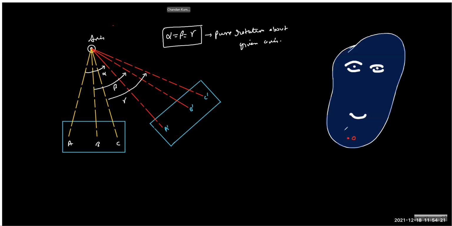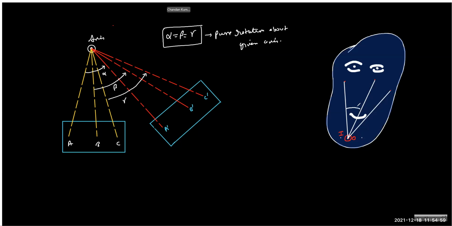About O, let's say some axis is passing through O. And if the axis is passing through O, no matter which point you choose on the body, from the definition of a rigid body, we know that this point with respect to this point, or this point with respect to this point, all will remain at the same angle, right?